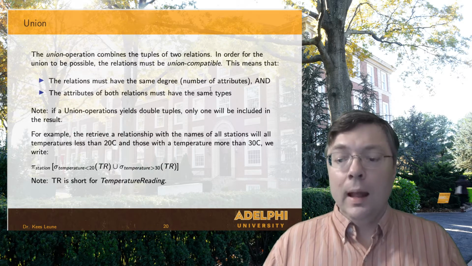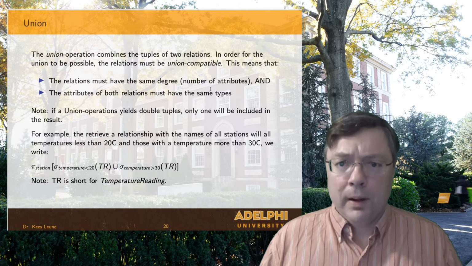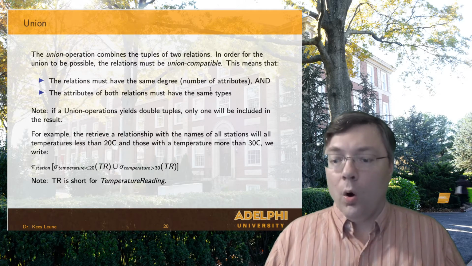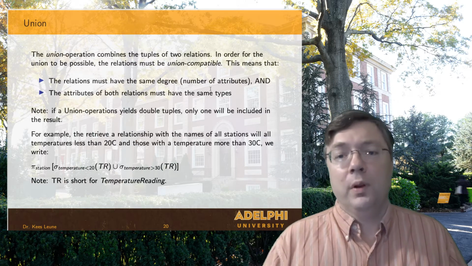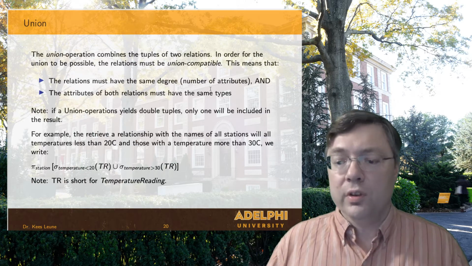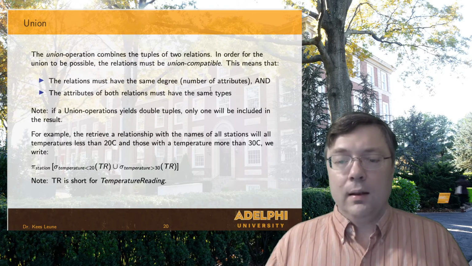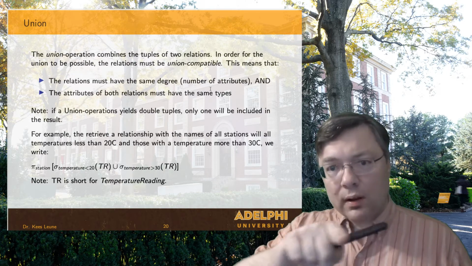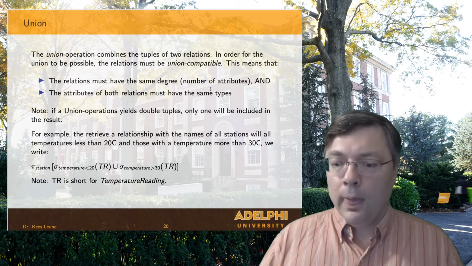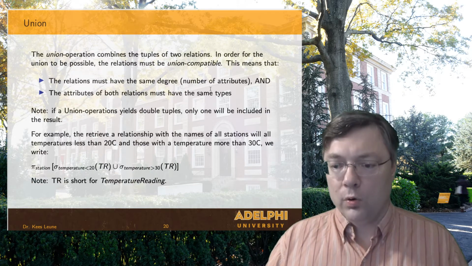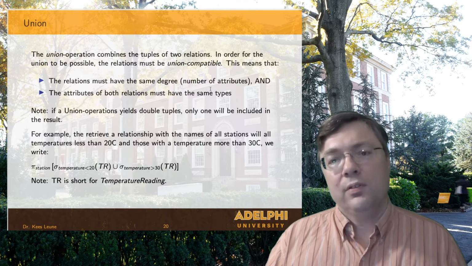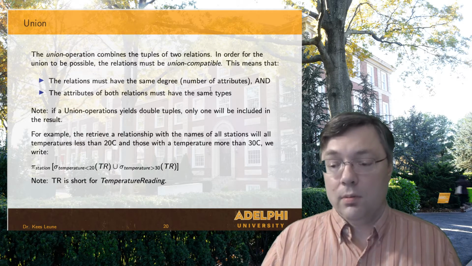So for example, I might be interested in, back to my temperature readings, all of the stations that have ever recorded a temperature below 20 degrees Celsius or above 30 degrees Celsius. I can then say, take the union, that is that large U symbol, of the selection, so only those with a temperature of less than 20 in my temperature readings table.